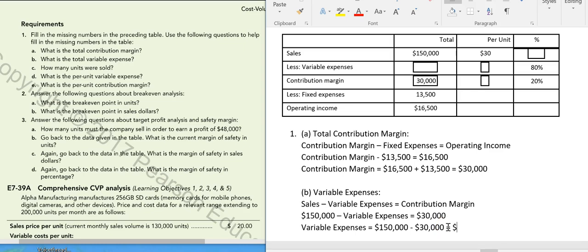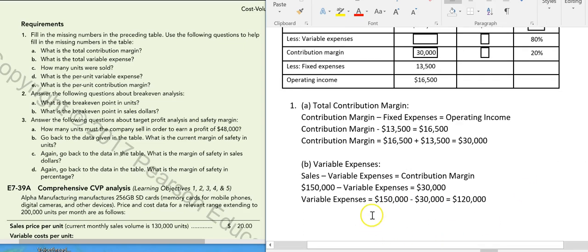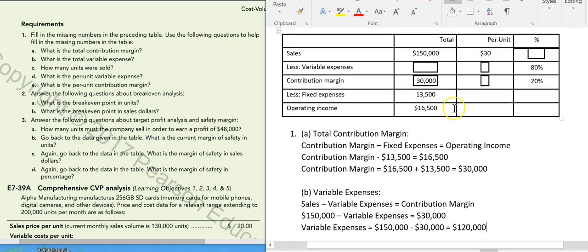You can easily see it's 120,000, but you can check with your calculator. Right, so 150,000 minus 30,000, it's 120,000. So we just found what our variable expense is. So I will fill up the table, 120,000.